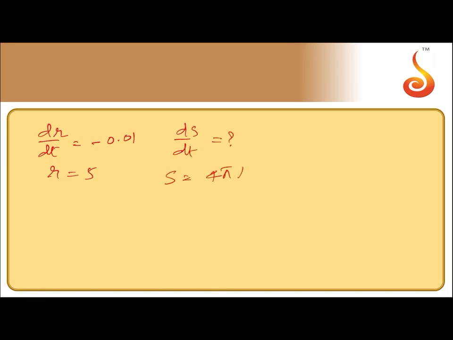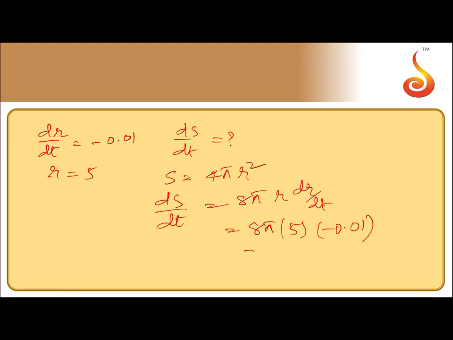You know the surface area is equal to 4 pi r square. Therefore ds by dt is equal to 8 pi r multiplied by dr by dt. Directly substituting, you'll be getting 8 pi multiplied by r equal to 5 multiplied by minus 0.01.